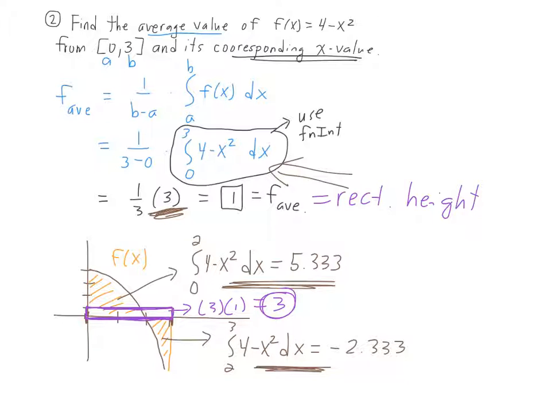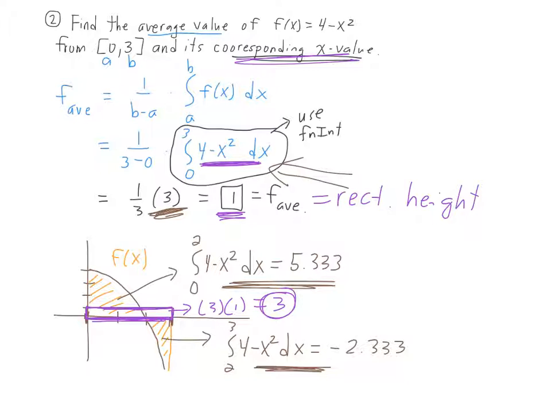So this is the y value on our rectangle. If the width is 3, that would give us the same exact area that we need. We know the area of this definite integral is 3. Okay, so that's the average value of a function.